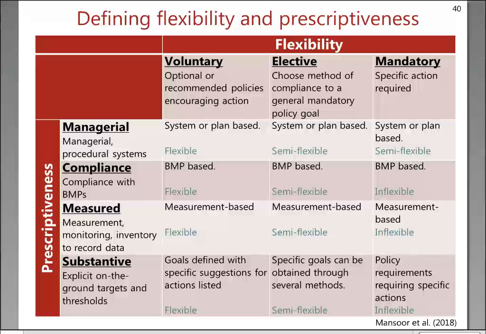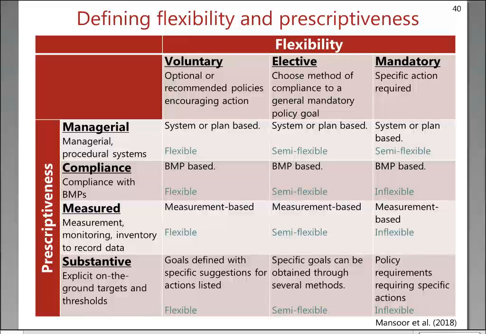We tried to define more specifically what we mean by flexibility and prescriptiveness, and this is inspired by a system put together by Constance Dermot and a policy scientist called Benjamin Cashaw. By flexibility here, we subdivide into three categories.